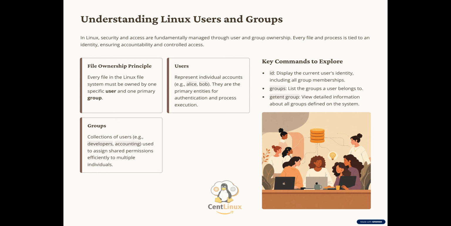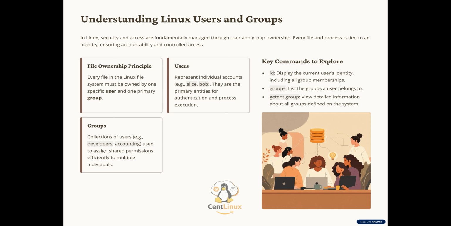Users represent individual accounts on the system, such as Alice or Bob, and these accounts authenticate into the machine and run processes. Groups, on the other hand, are collections of users. By placing users into groups, the administrator can give shared permissions to multiple people at once.